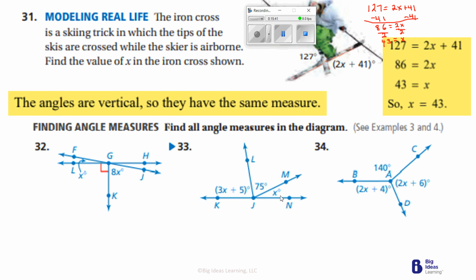Wow, this is going to be something. Okay, I know this is 75. This is x, and this is 3x plus 5. Remember, all these together have to equal 180.